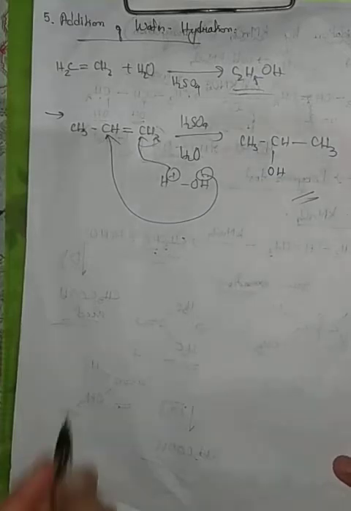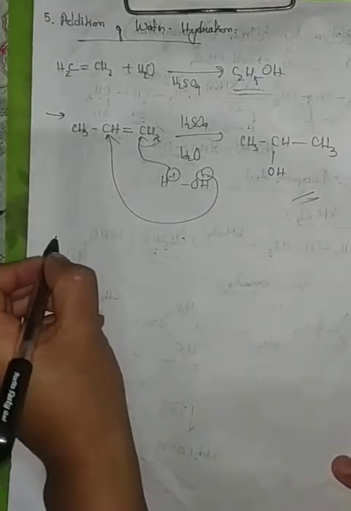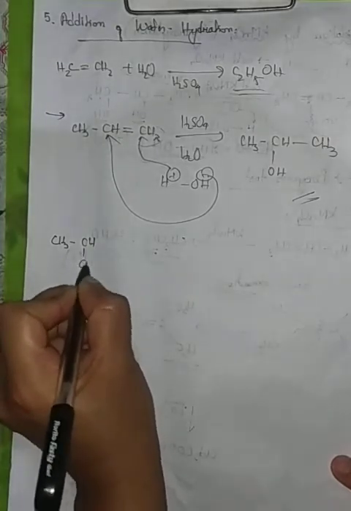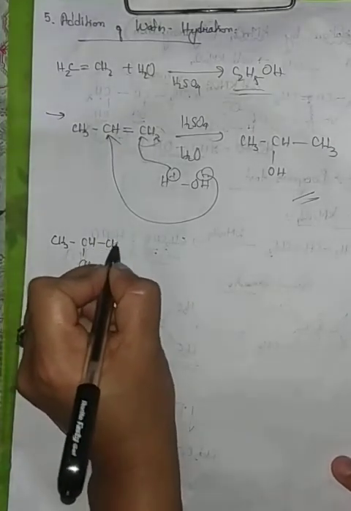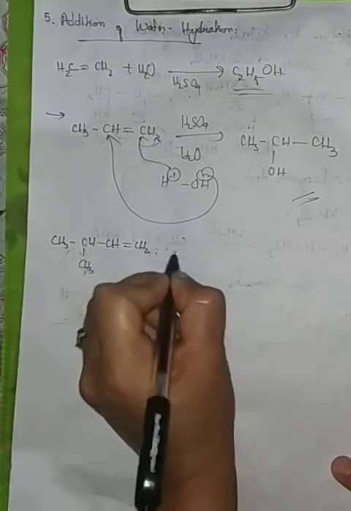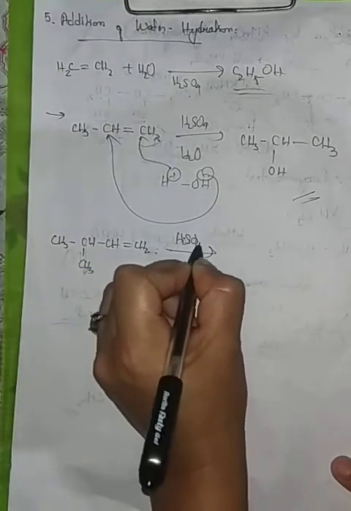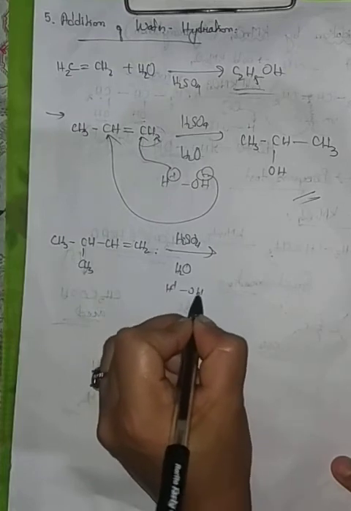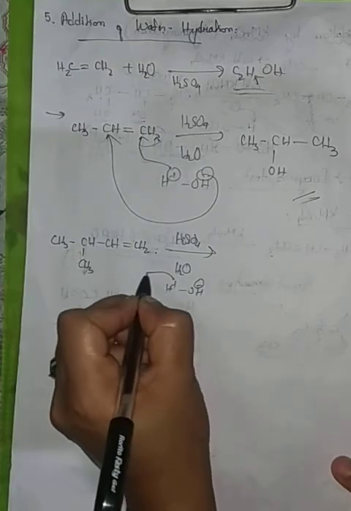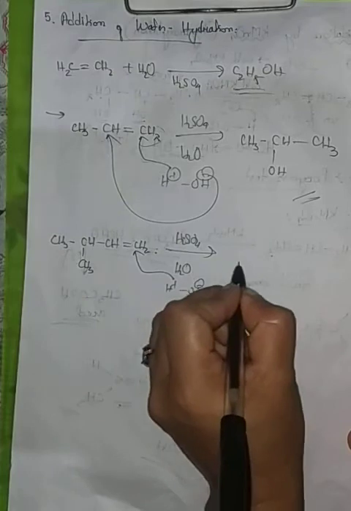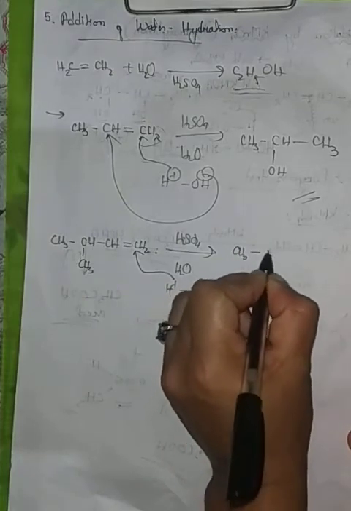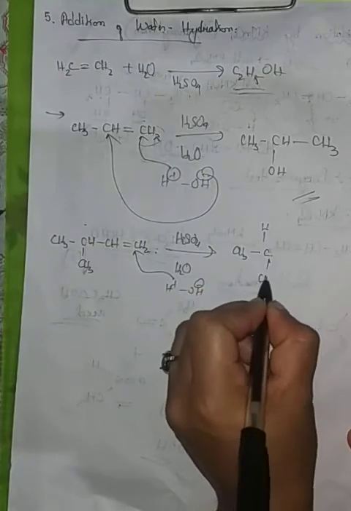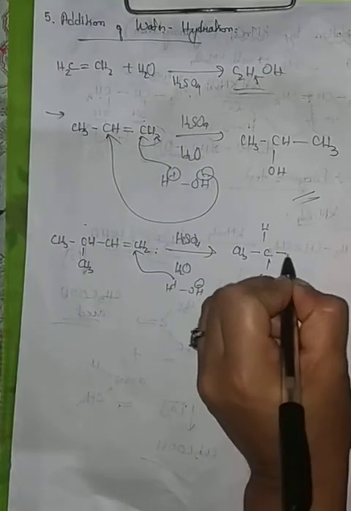Now let's check one more example of hydration reaction. CH3 CH CH3 CH CH2. Now with H2SO4 and H2O, the H plus and OH minus come here, and the H plus attacks the carbon atom here. Therefore we would be getting CH3 CH.